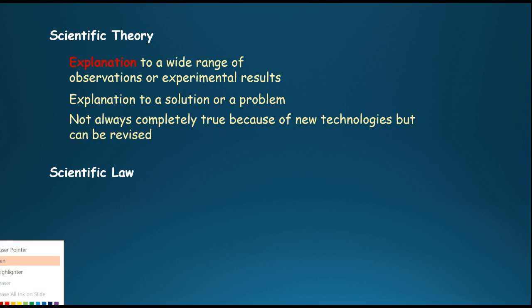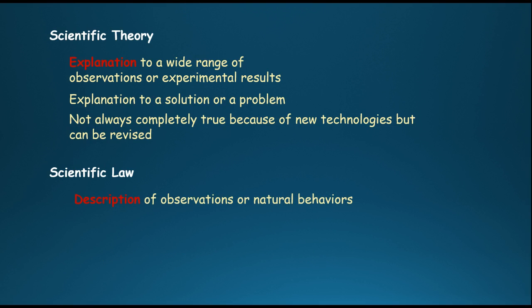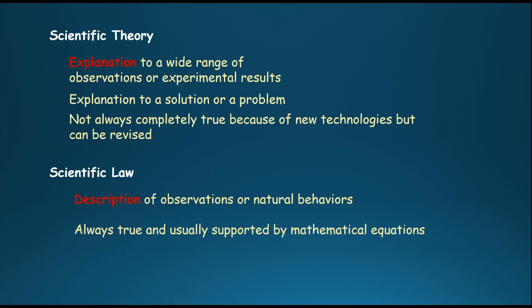Now, over time, testing our theory over and over again, and we find that it's true every single time, then we can formulate a scientific law, which is a description of the observations or the natural behaviors. It's always true, usually supported by a mathematical equation.